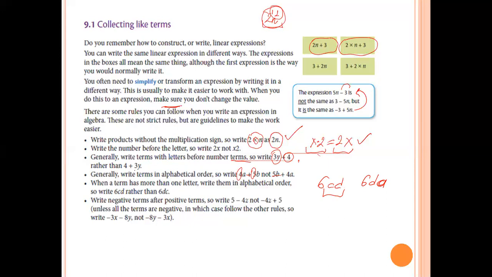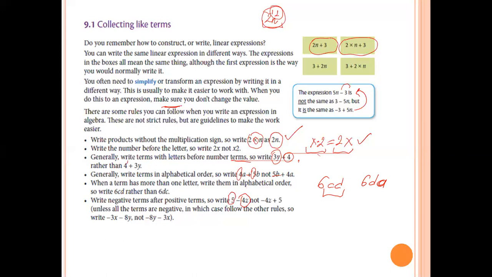And the last rule: write negative terms after positive terms. So write 5 minus 4z. Here we have a letter, but it's not important.